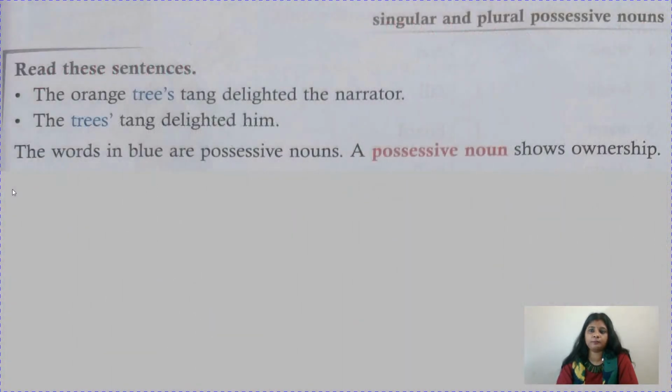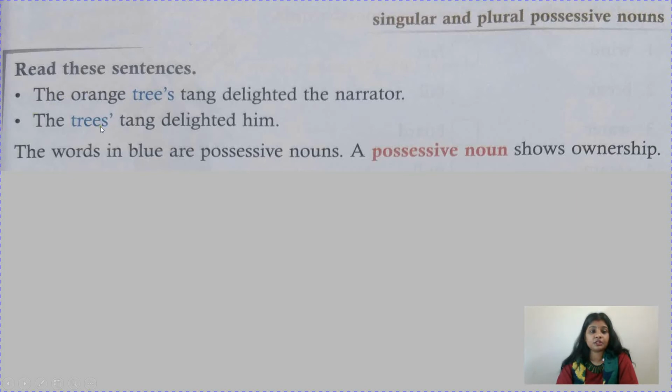Now singular and plural possessive nouns, children. Read these sentences. We are talking about possessive nouns, which means what, children? It tells about belongingness or possessiveness. Fine. So read these sentences. The orange tree's tank delighted the narrator. So see, children, when we write apostrophe S, it is telling about a singular tree.